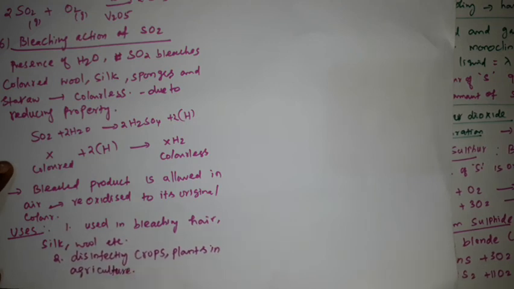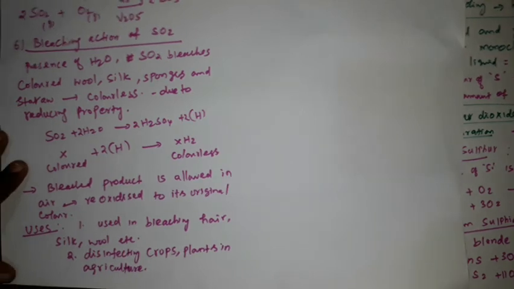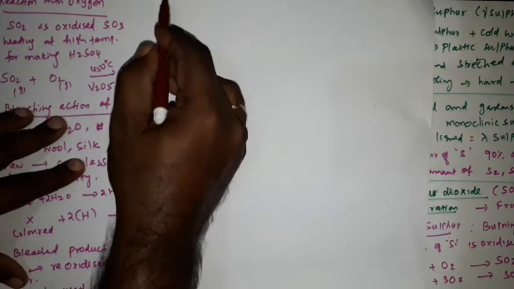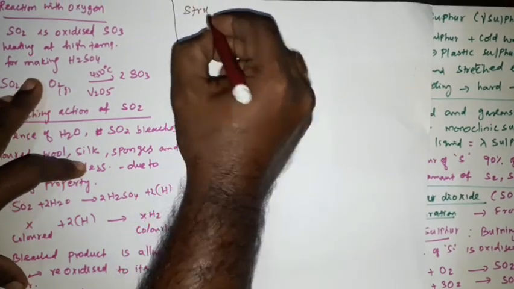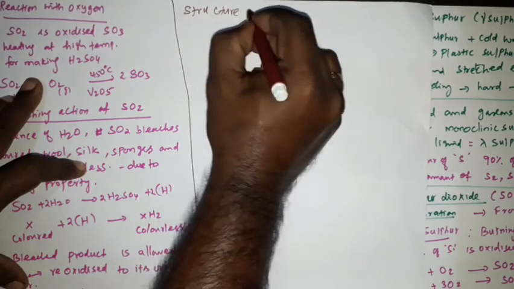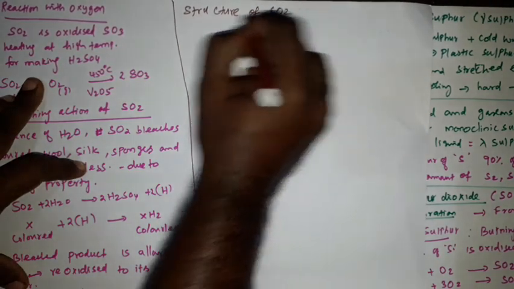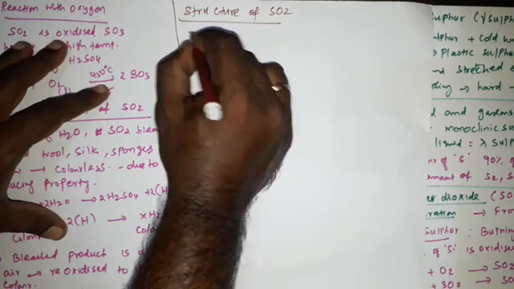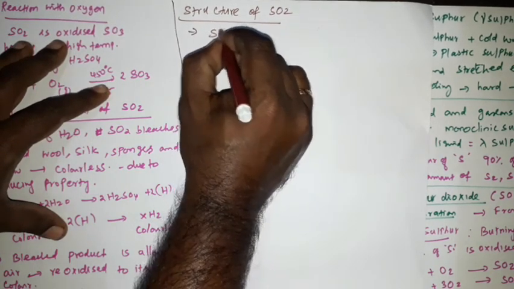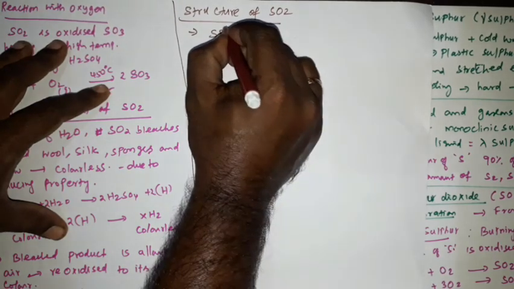Okay, students. So next one we are going to see about the structure of sulfur dioxide. SO2. So in sulfur dioxide, the sulfur atom undergoes sp2 hybridization.